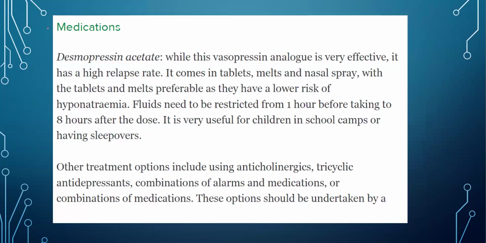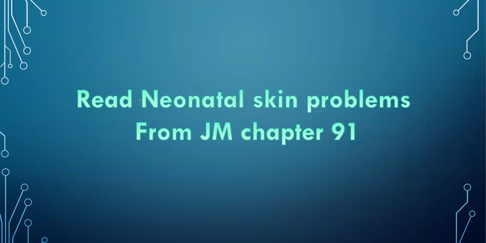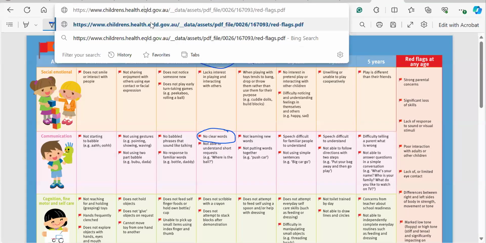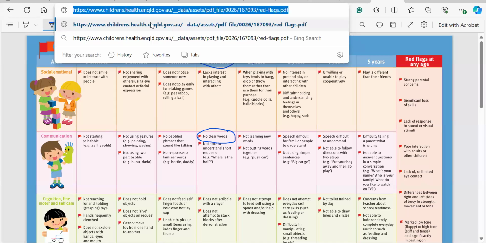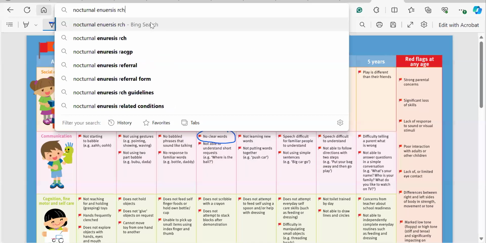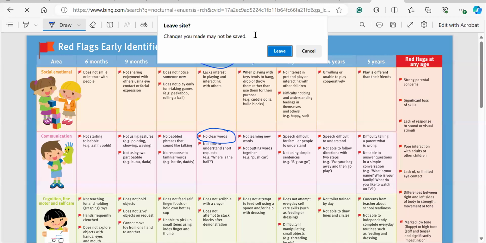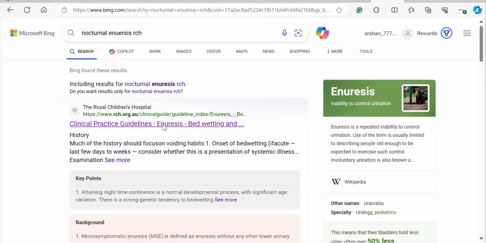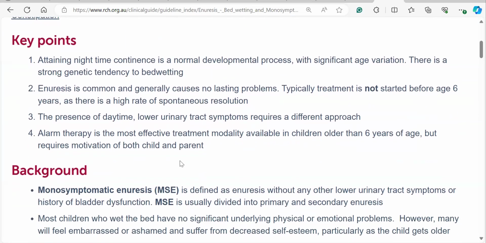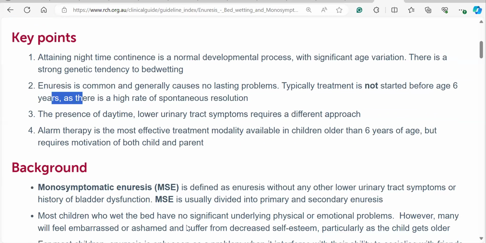If alarm therapy does not work, then there are some medications that can be tried, like desmopressin or imipramine. Okay, so let me go through the RCH guideline about it so that you can understand. Typically treatment is not started before the age of 6 years.